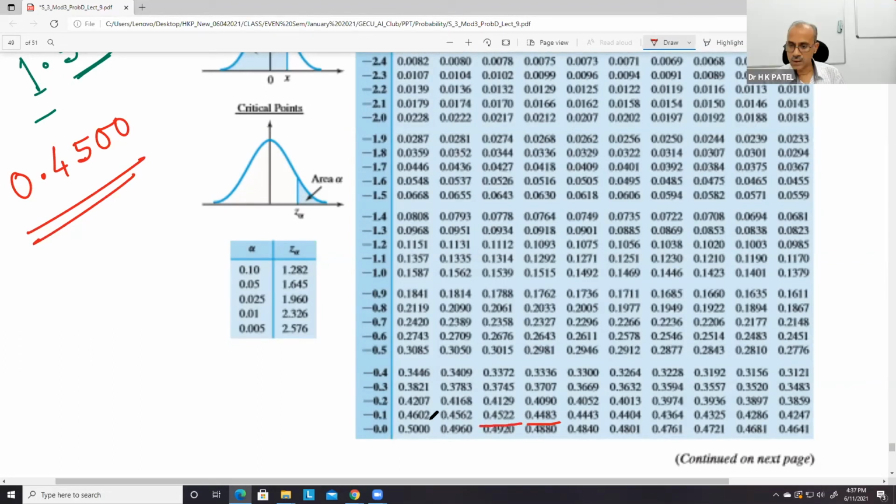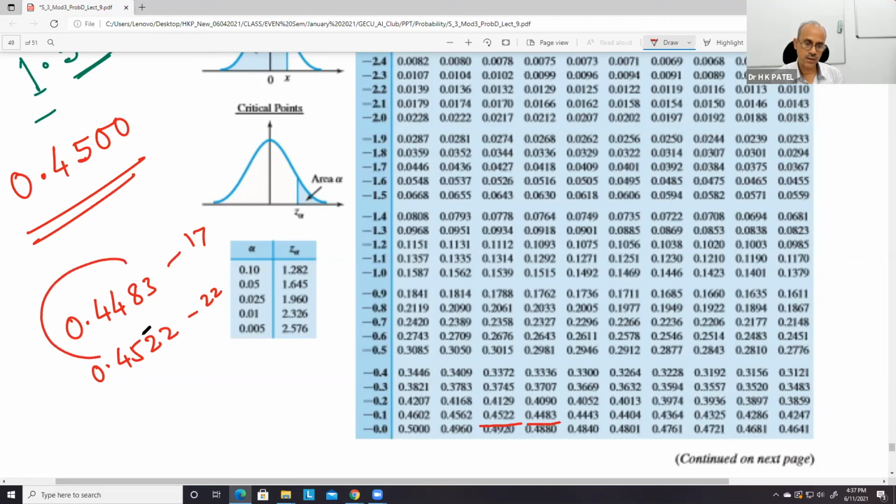Taking the differences, this is 17 and that is 22. So I think we should take 0.4483 as the approximation of this.